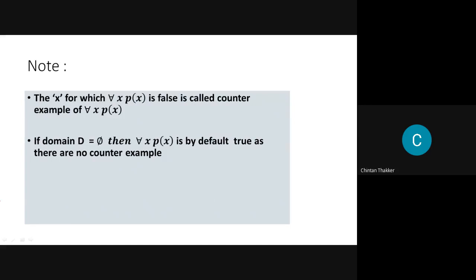For which x the P(x) is false, that x is called a counterexample for the universal quantifier. And if the domain is empty, phi, there is no element belonging to D, so there is no counterexample. That means by default the universal quantifier is true if the domain is phi.